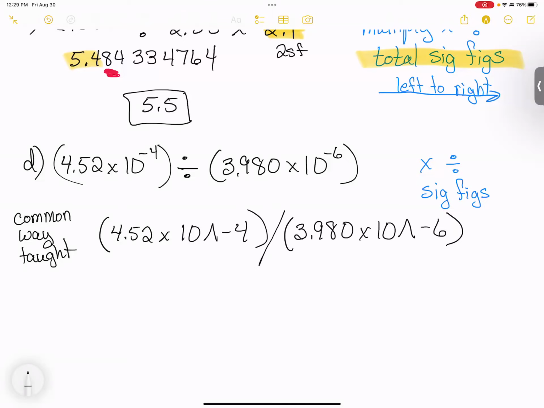Here's the problem with that way. If you forget a parenthesis, you can completely mess up your problem and you will get the wrong answer. So let's look at a way where you don't have to worry about those parentheses.